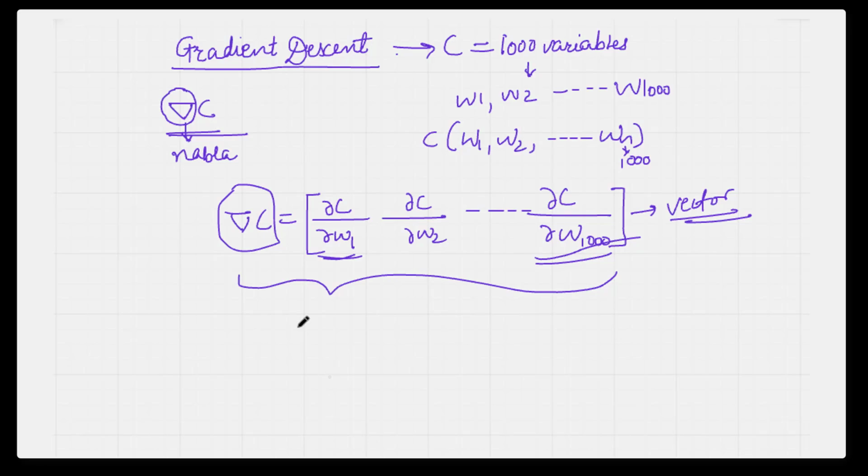If a machine learning model has delta C, it knows exactly how each dial changes the cost and how much to turn each of them. So for example, say this value is 1 and say this value is 9. Then we can see that the derivative with respect to this W2 variable has a bigger effect on the overall cost function.